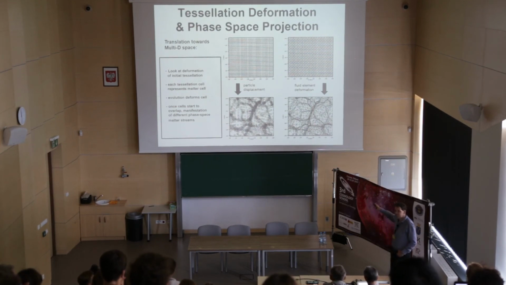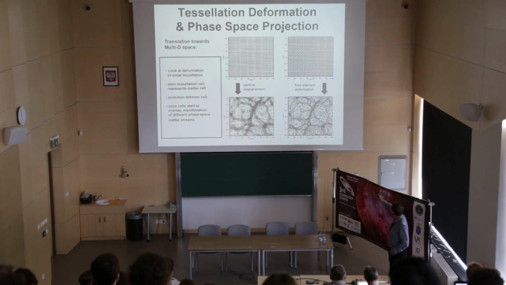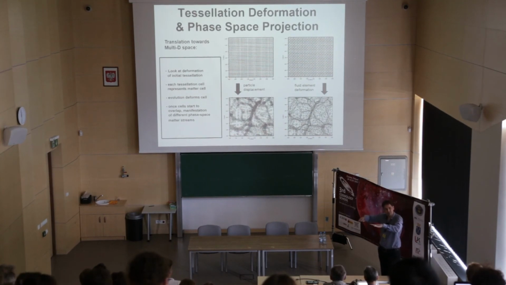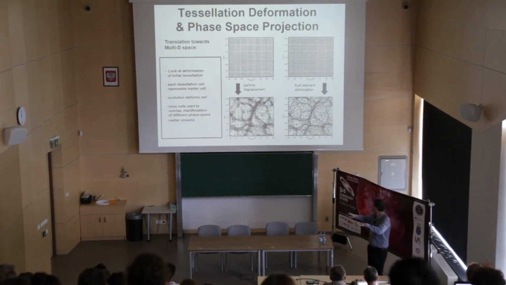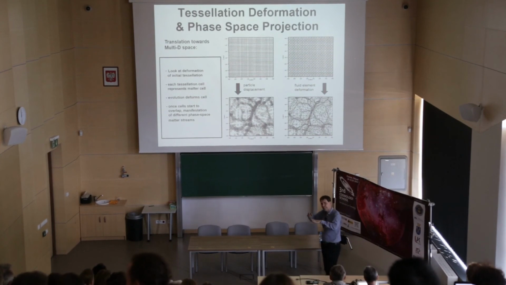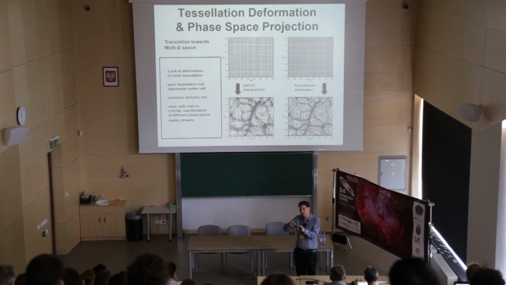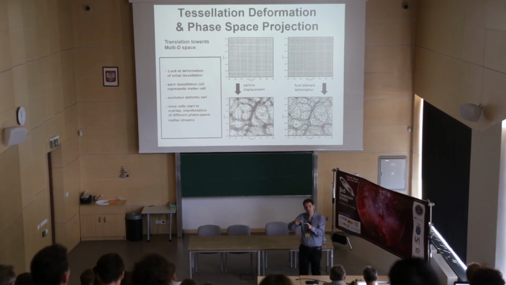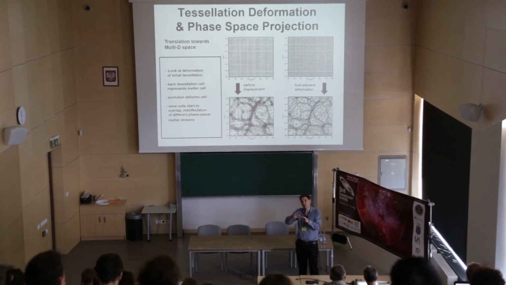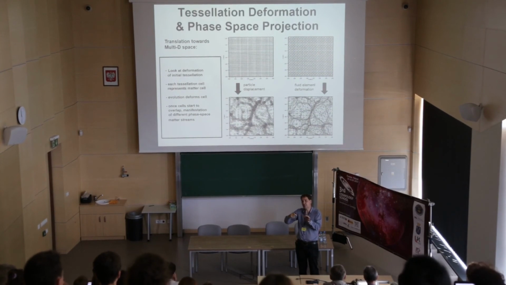So what you really should do is take an initial tessellation of space, a tiling of space, and consider each tile as a mass element. And you follow that mass element in space, not only its displacement, but also its deformation.